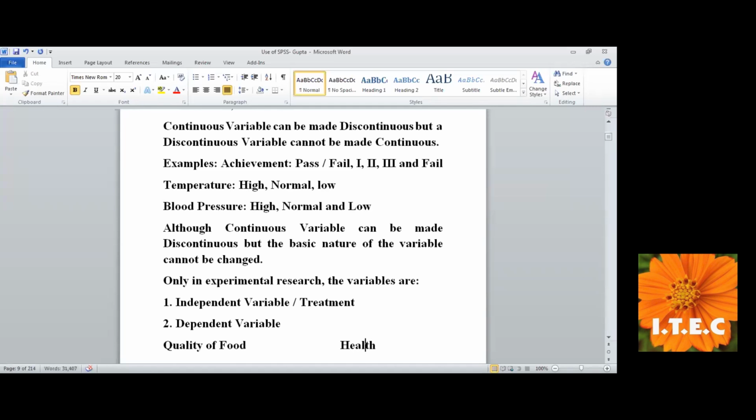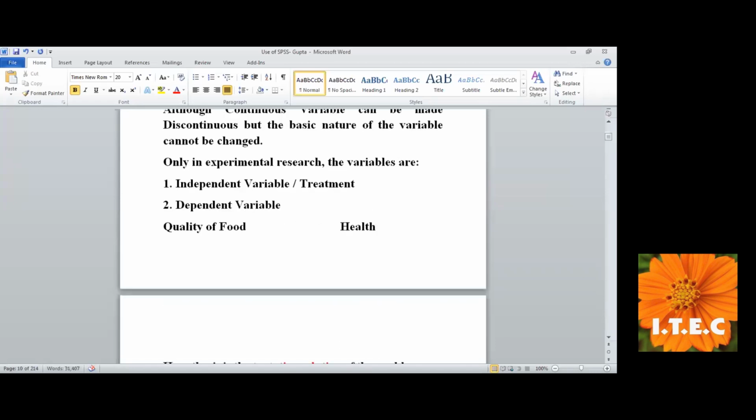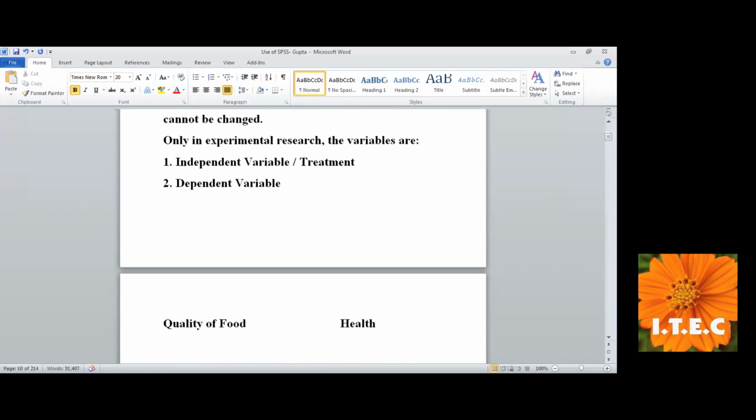Now you know the changes in the health depend on the changes in the quality of food, or by changing the quality of the food, you can bring change in the health. So quality of food becomes independent variable and health becomes a dependent variable.